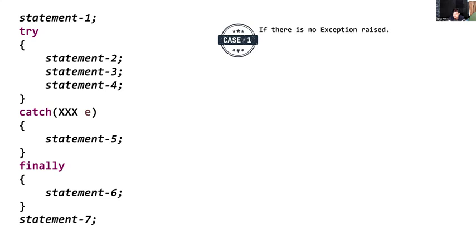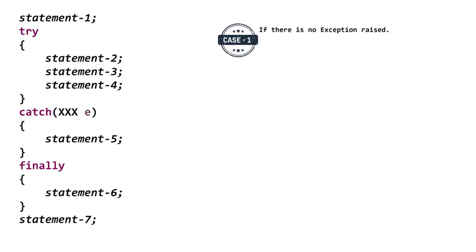If there is no exception raised, which statements will get executed? Every statement, statement 1, 2, 3, 4, 5, 6, 7? If there is no exception, then how about the statement inside the catch block? Dalip, I want you to answer.